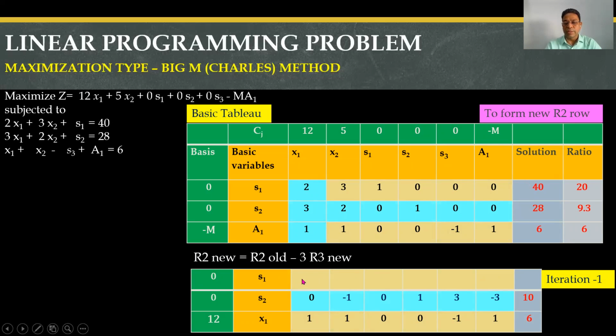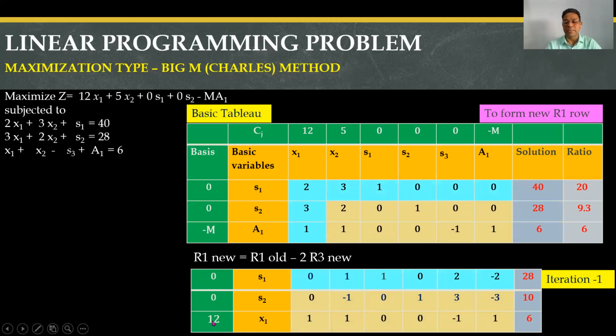And in order to find the entries in this row, what will we do? We will say R1 new equals R1 old minus 2 times R3 new, and we will get 0 here. So we have obtained 1 0 0 here. Why have we made this 1 0 0? Because x1 is now a basic variable.